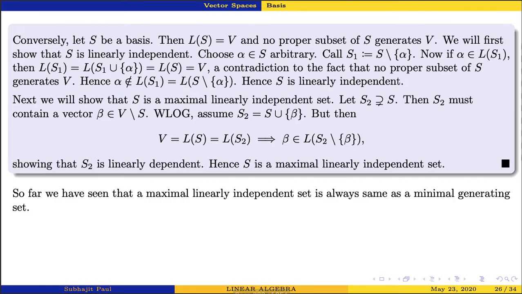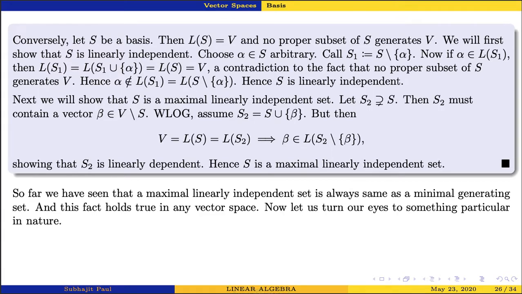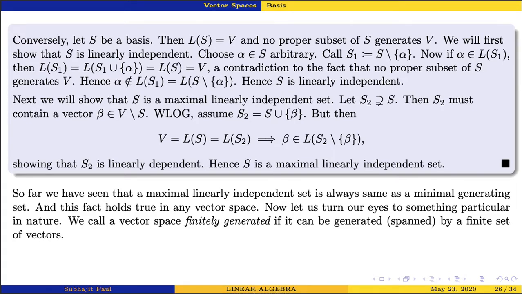Fine. So far we have seen that a maximal linearly independent set is always the same as a minimal generating set. And this fact holds true in any vector space. Now let us turn our eyes to something particular in nature. We call a vector space finitely generated if it can be generated by a finite set of vectors.